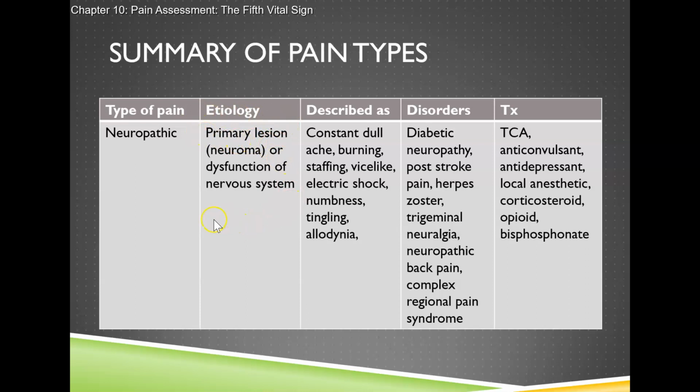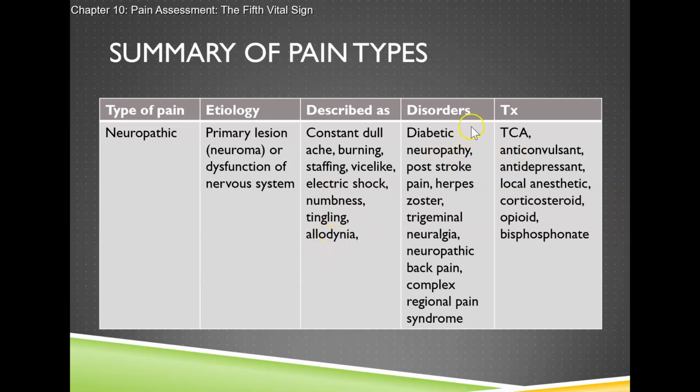It does not necessarily mean that tumor is malignant or cancerous, but it could be sitting on a nerve and interrupting the signal. And this can be described as constant, dull, achy, burning, vice-like, electric shock, numbness, tingling, all of those types of things.